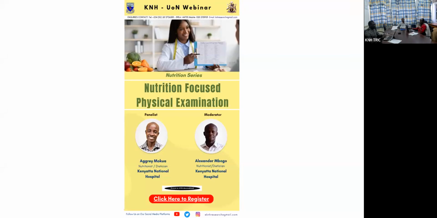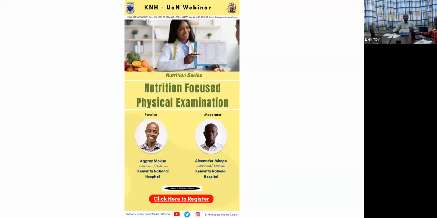Nutrition focused physical examination is a component that was formerly referred to as a clinical assessment, but following some milestones in NCP development, we have 5 components of the nutrition care process rather than 4. Initially, we had anthropometric assessment, biochemical assessment, dietary assessment, and the last one was what we called a clinical assessment.